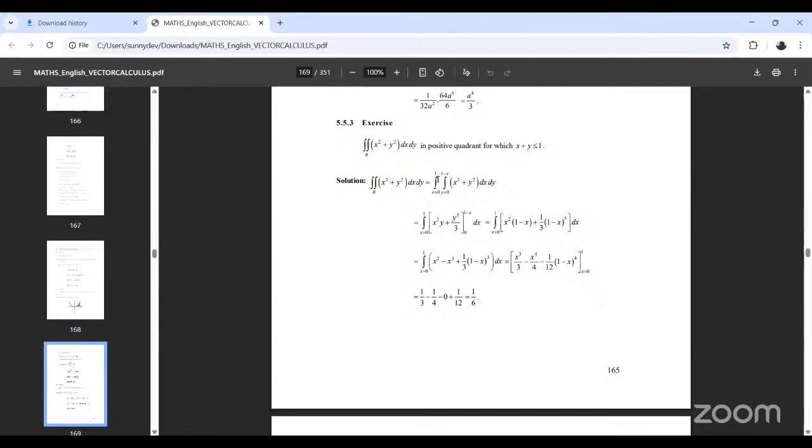Okay, so these are the examples. Let's see here.